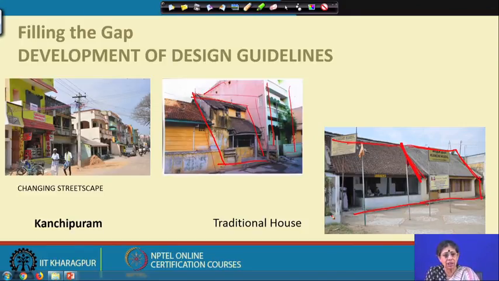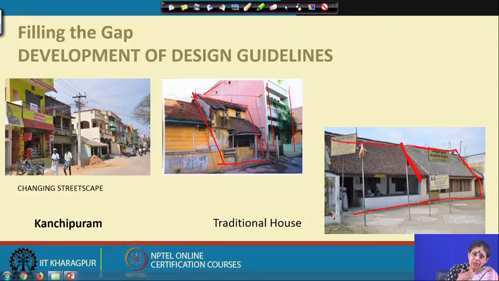Now, the question is: what can be the guidelines for that area? We can give a restriction on the height and other things, but what is happening is that the entire fabric is changing because of the color, the visual details and other things. So, in this case, taking inspiration from, or analyzing the attributes of, the traditional structure, can some guidelines be given?